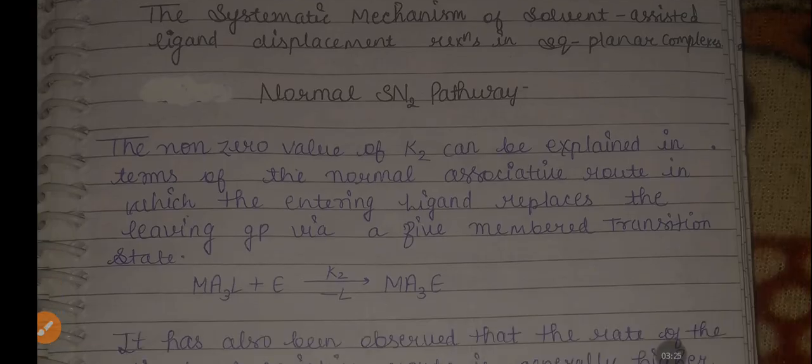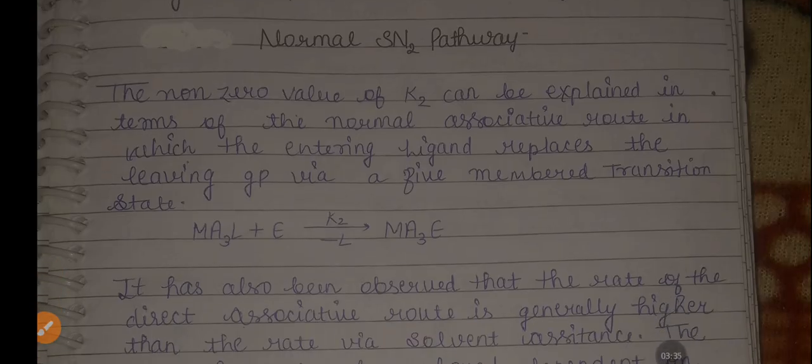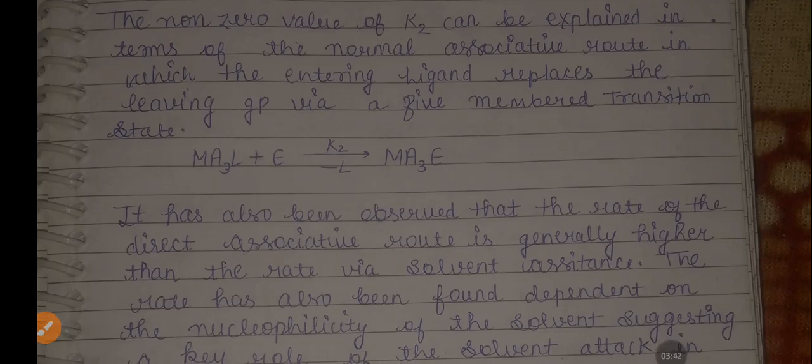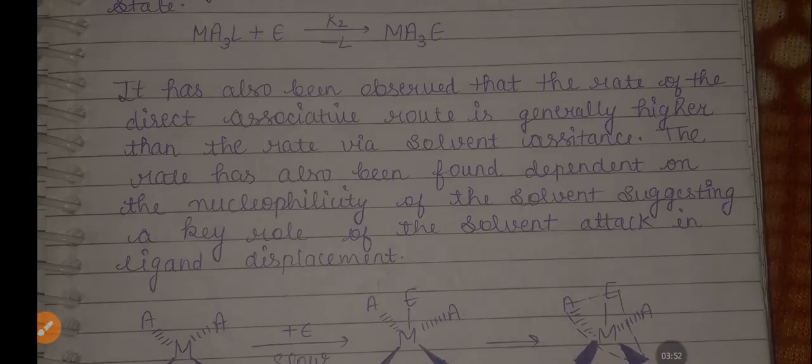The non-zero value of K2 can be explained in terms of the normal associative route in which the entering ligand replaces the leaving group via a five-member transition state, Ma3L + E. At constant K2, ligand L is removed, then Ma3E is formed. It has also been observed that the rate of the direct associative route is generally higher than the rate via solvent assistance.